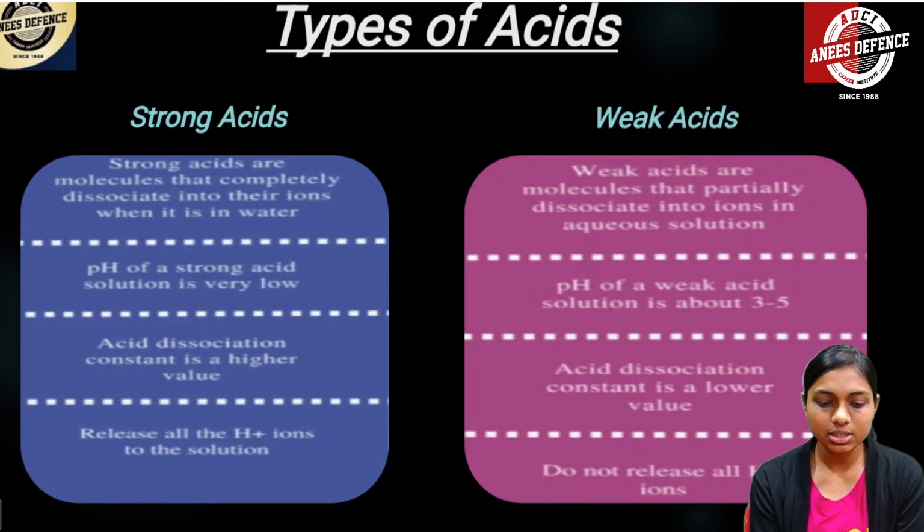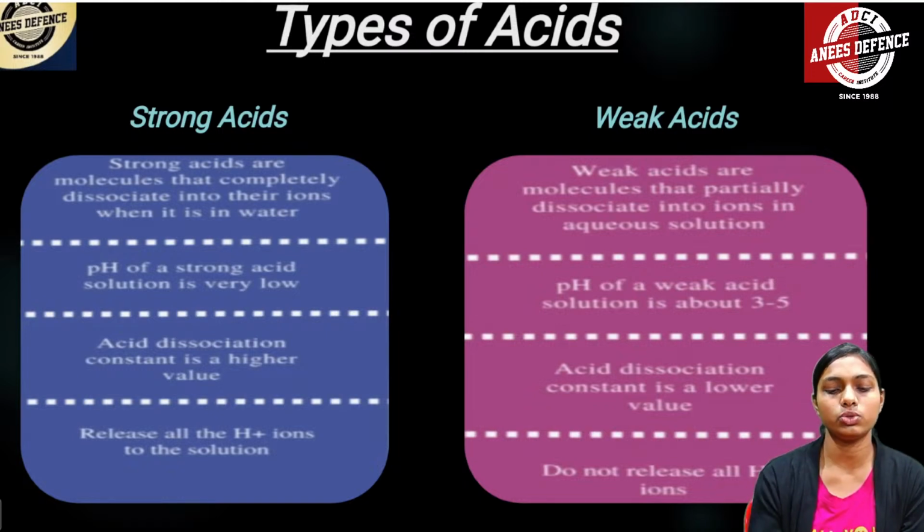The pH of weak acids is between 3 to 5, or it can mainly go up to 7 also. The acid dissociation constant is a higher value in strong acids and a lower value in weak acids. Strong acids release all the H plus ions to the solution, and weak acids do not release all H plus ions in the solution.